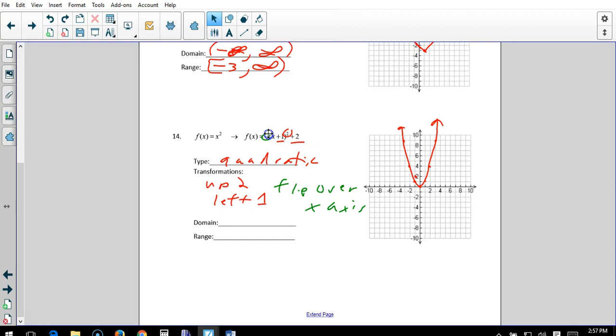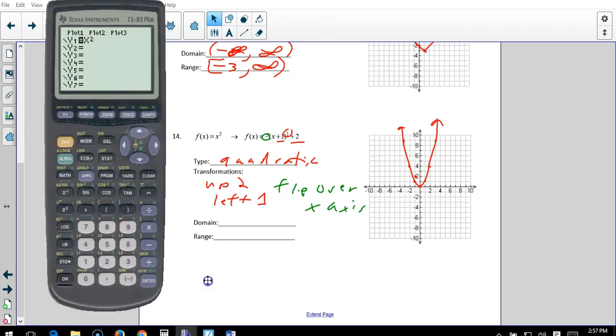It happens. So, here's your calculator. Again, there's a little negative there. X plus 1, parentheses, squared, plus 2, graph. So it's the same thing, it's upside down.